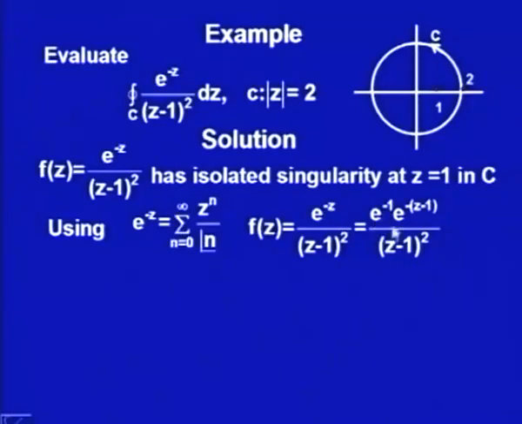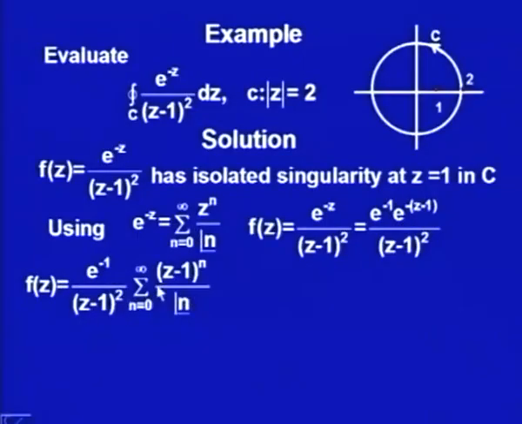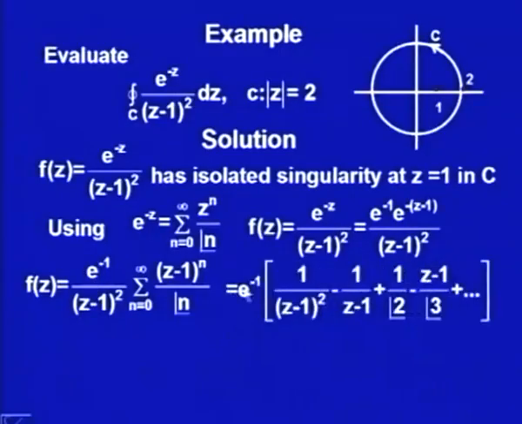Now, e to the power minus 1 I will take common, and I would write the Maclaurin's expansion of e to the power minus (z minus 1). So it would be the summation, n running from 0 to infinity, of (z minus 1) to the power n upon factorial n. Now if I take this, I would get e to the power minus 1 times: 1 upon (z minus 1) square, minus 1 upon (z minus 1), plus 1 upon factorial 2, minus (z minus 1) upon factorial 3, plus (z minus 1) whole square upon factorial 4, and so on.